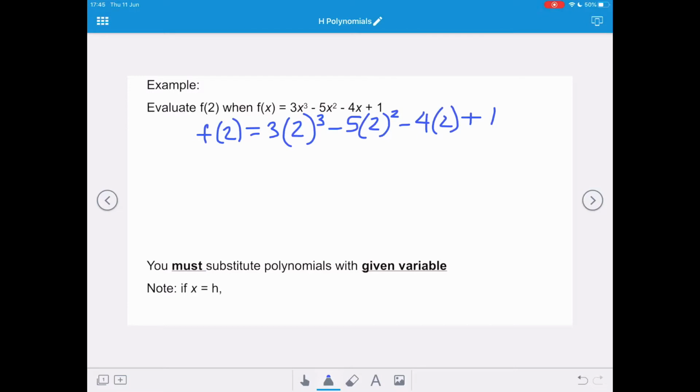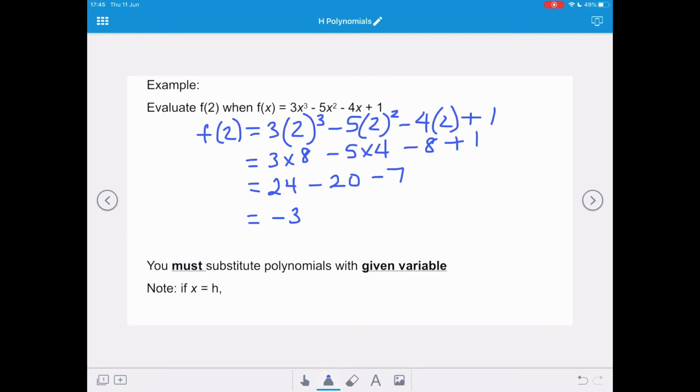Now if we use BODMAS to evaluate that, we're going to get 3 times 2 cubed, which is 8, minus 5 times 2 squared, which is 4, minus 8 plus 1, equals 24 minus 20 minus 7, and that gives us a value of f of 2 equaling negative 3.